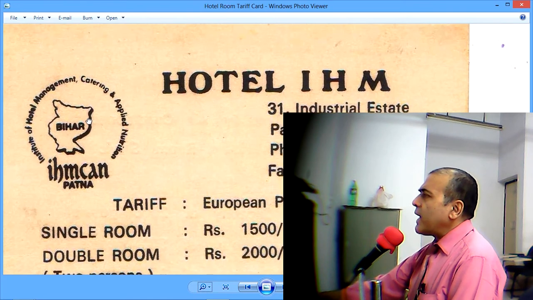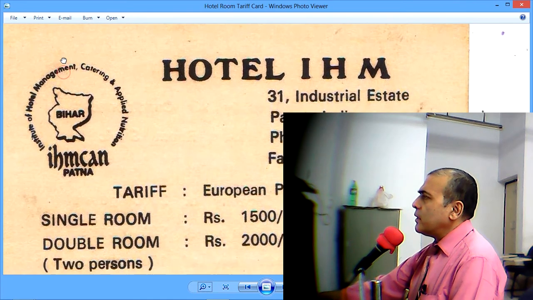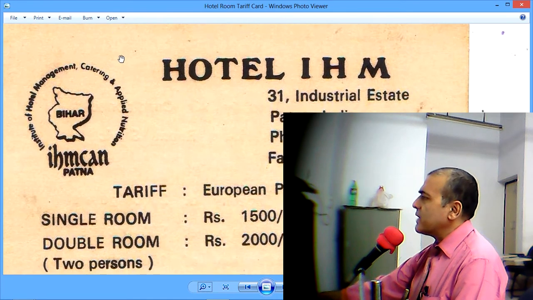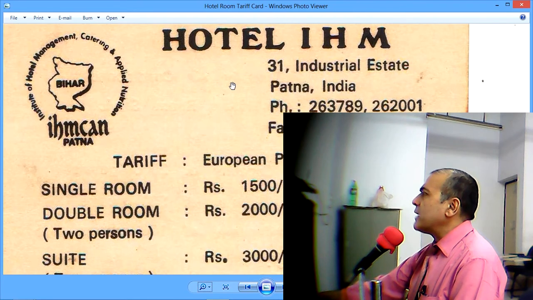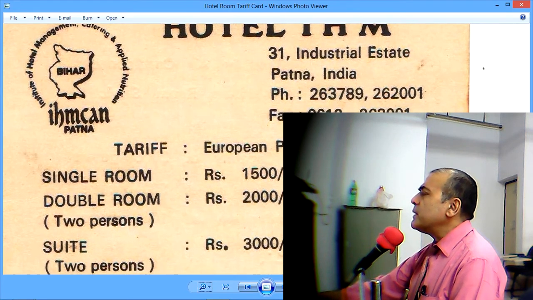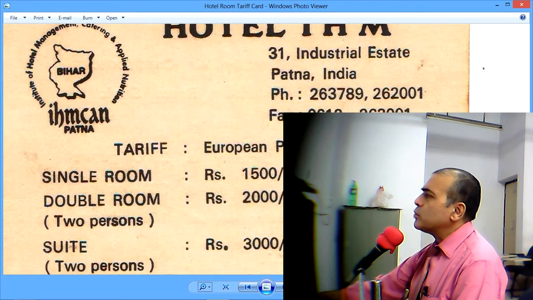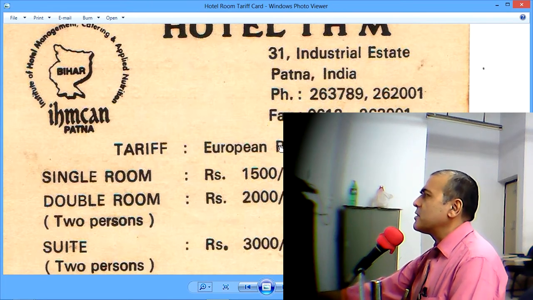So this brand on top helps the customer, the guest, recall the hotel's name, services, the contact details. Maybe this tariff card could also be part of mailers, flyers, letters.